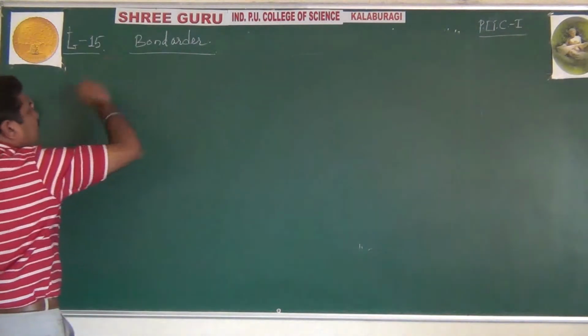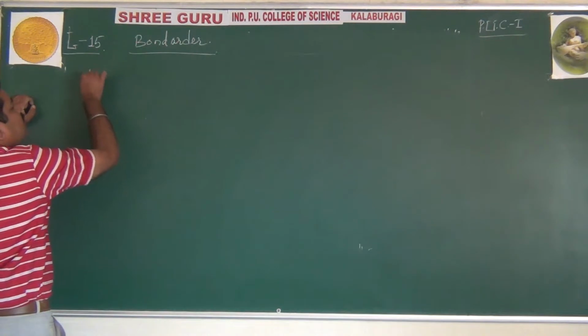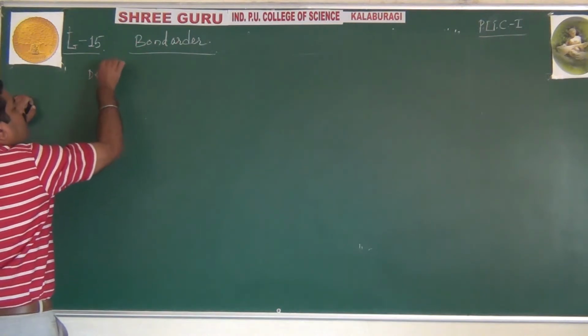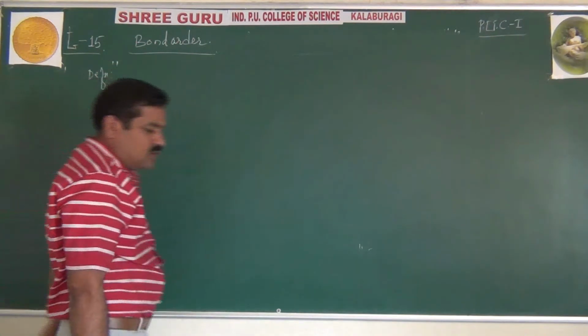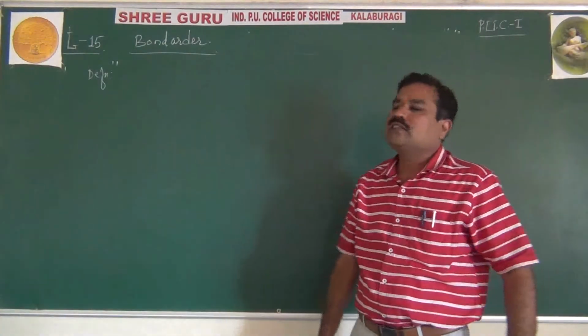Bond order is defined according to molecular orbital theory. Bond order, also studied in VBT, is the number of covalent bonds that exist between two atoms.